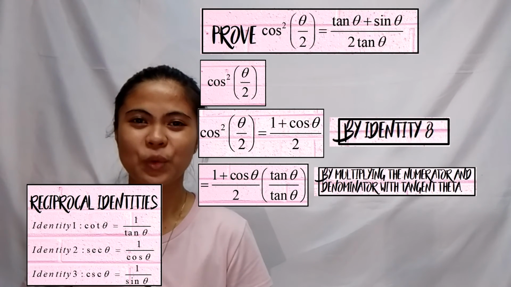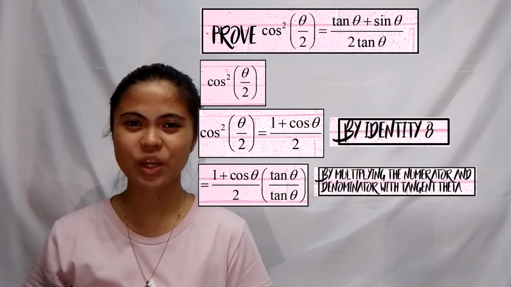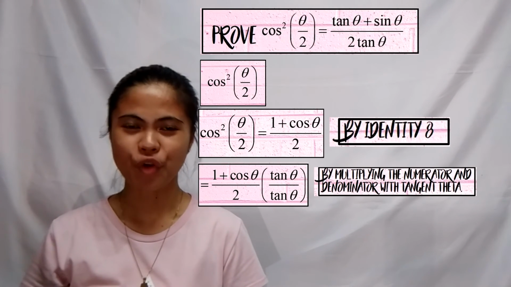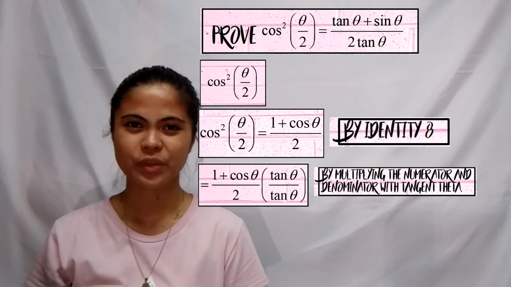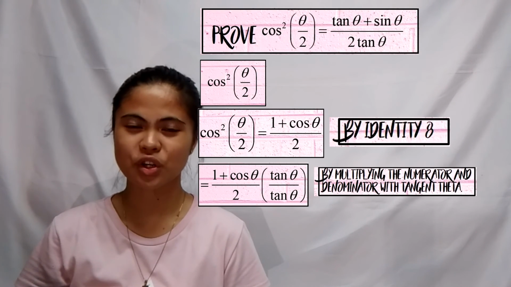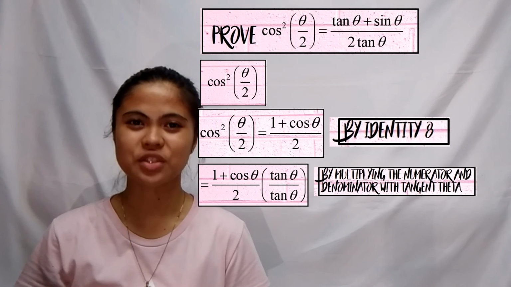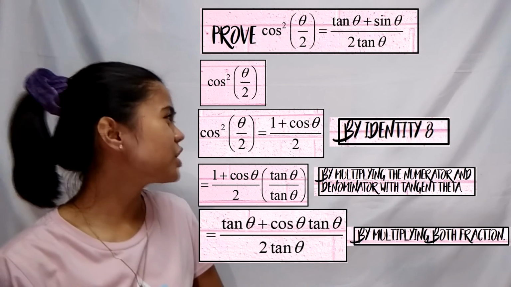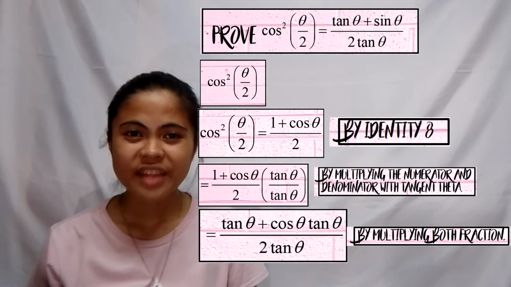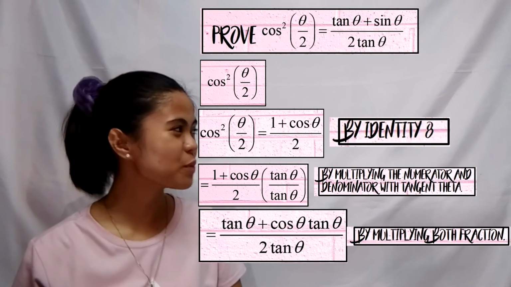Remember that we have to arrive at the equation tangent theta plus sine theta over 2 tangent theta. So we have to look for identities that will be closer to the equation that we want to arrive at. By multiplying both fractions, we arrive at this equation. Now, it looks like we are almost there.